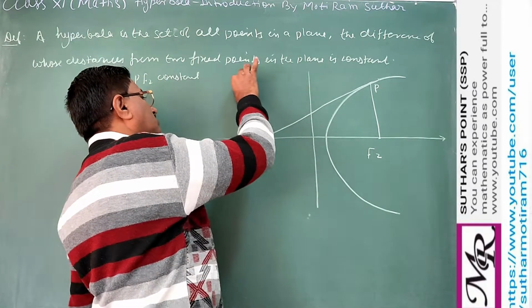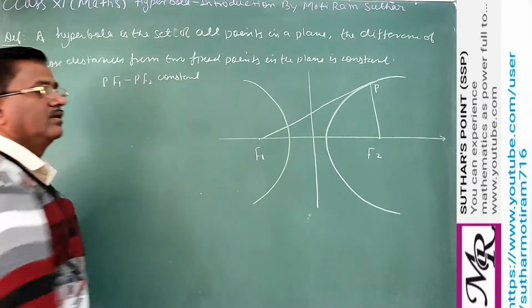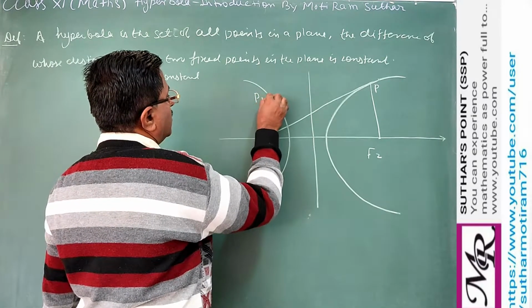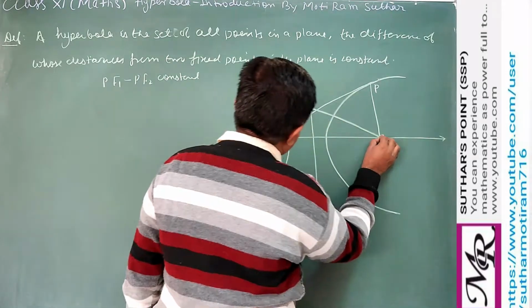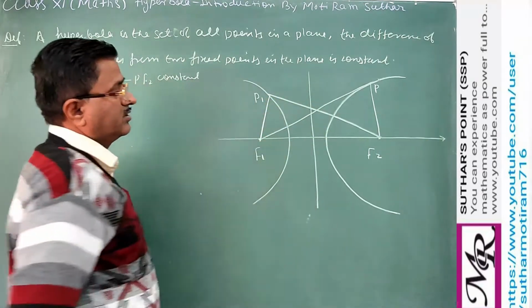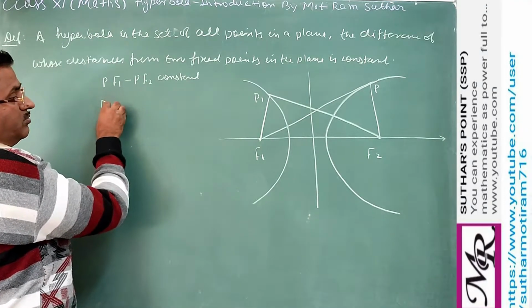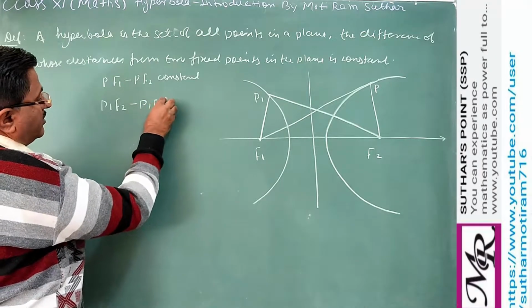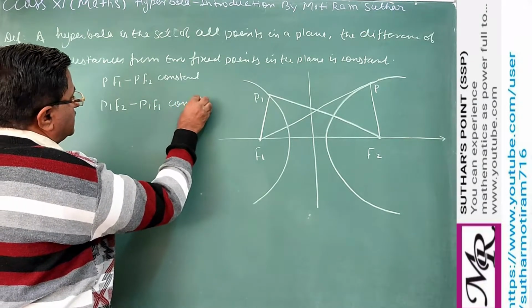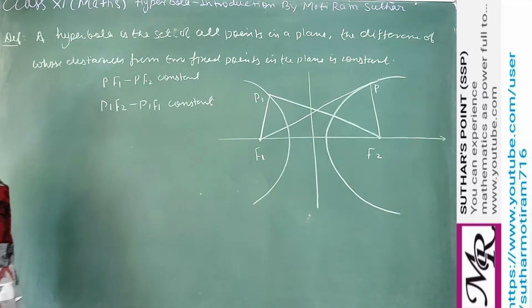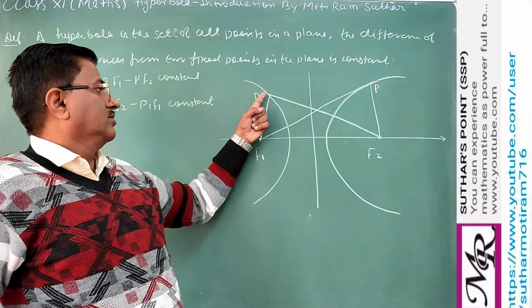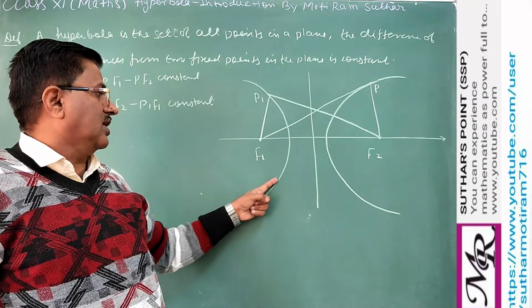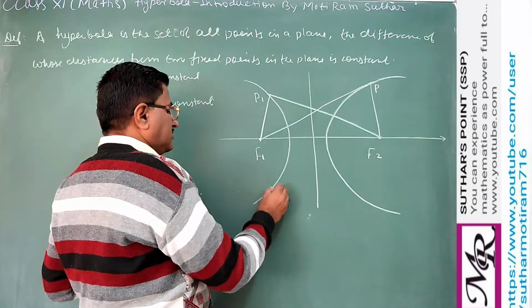There may also be a point moving here. Suppose there is a point P1 whose distance from the further point minus the distance from the nearest point is constant, or P1F2 minus P1F1 is constant. Same definition. Suppose P1 is moving in this way, and after some time the point is P2.